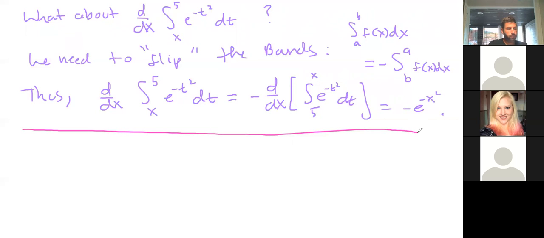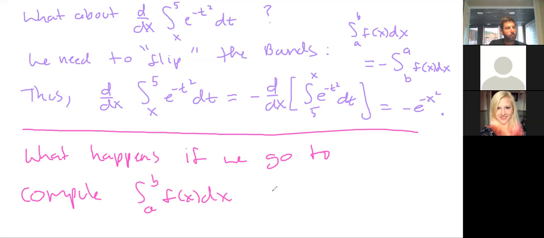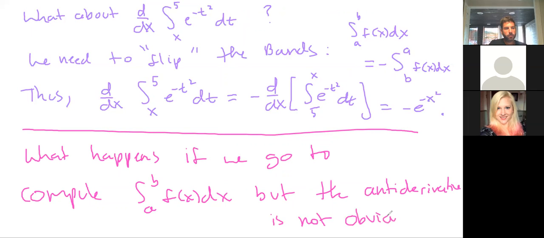Okay, so what happens if we go to compute this, but the antiderivative is not obvious?